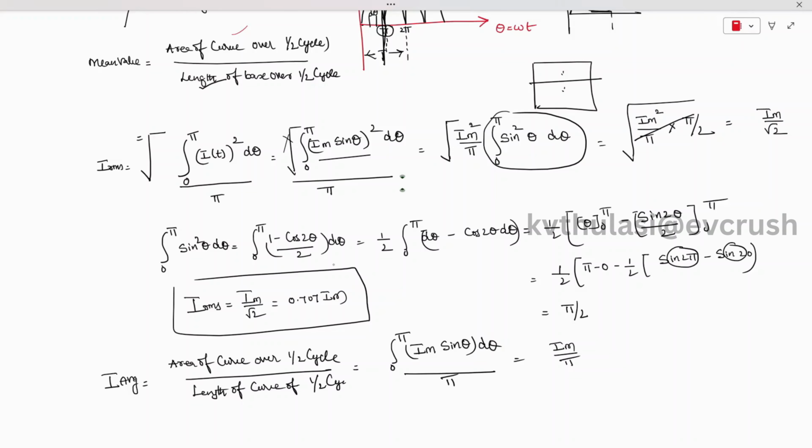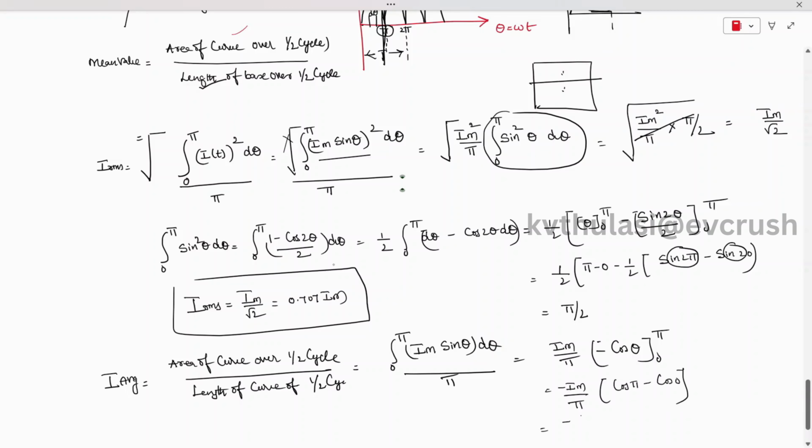What is integral of sine theta? Already you know from the mathematics. Integral of sine theta is nothing but minus cos theta. The limits are varying from 0 to pi. So this is nothing but Im by pi, where we can write it as minus Im, this is cos of pi minus cos of 0.